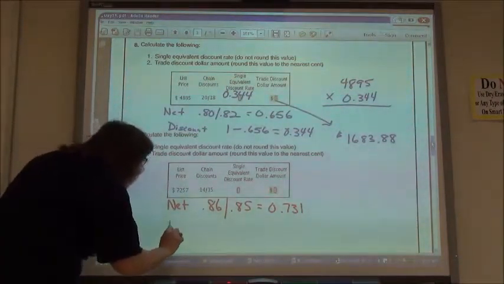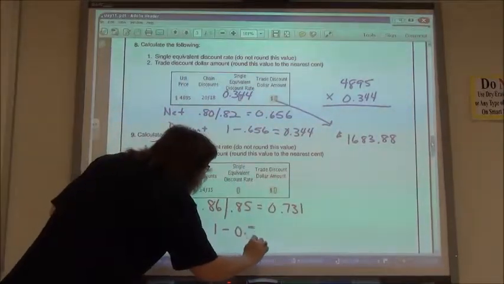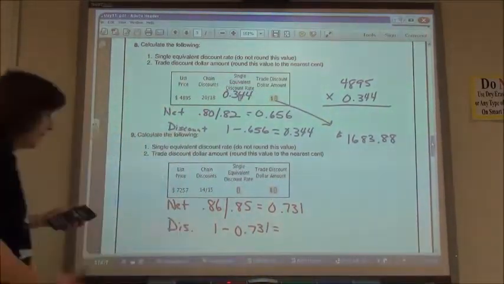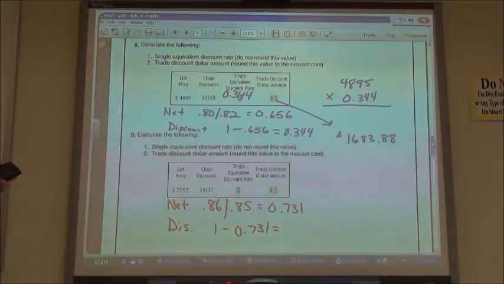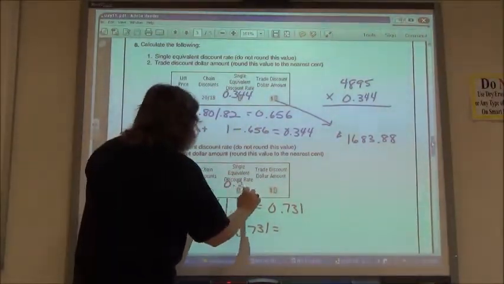I want to find out what my discount is, and so I'm going to take 1 minus 0.731. So if I take 100% minus that 0.731, the 73.1%, my net equivalent rate, I get 0.269.